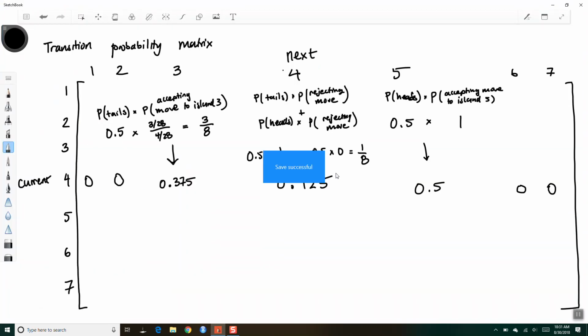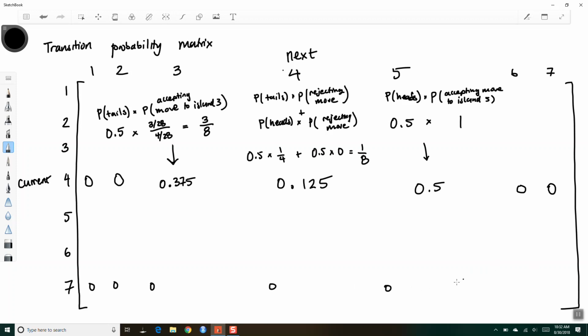Okay, and then part of your homework is to fill out the rest of the transition table. Here, let's take a look at island 7. Okay, let's say we're at island 7, so we have a probability of 0 everywhere.